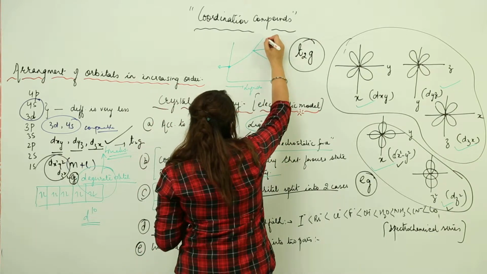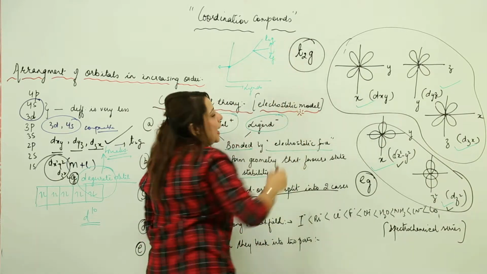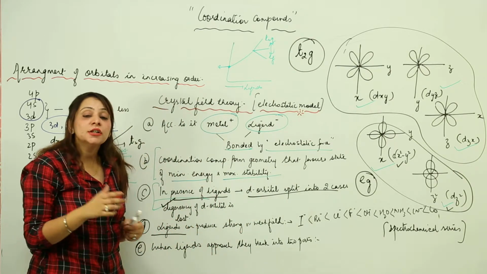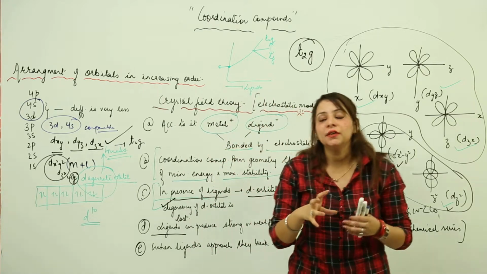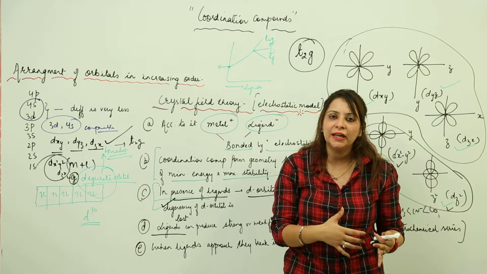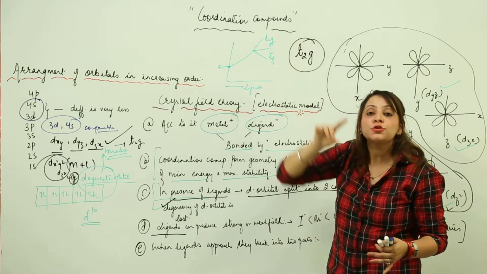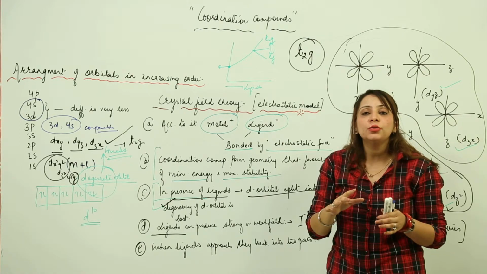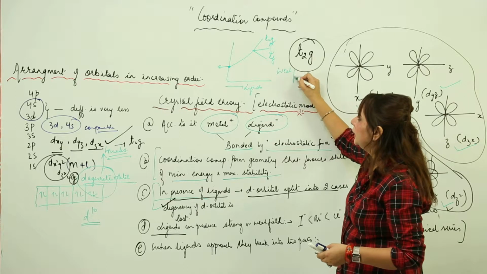Let's say this energy is T2g and this is Eg, so there is a gap between T2g and Eg. Now depending upon which ligand is present, we can talk about whether it is a strong field ligand or a weak field ligand. If it is able to create a lot of energy difference, it is a strong field ligand. And if it is able to create a small energy difference, it is called a weak field ligand.